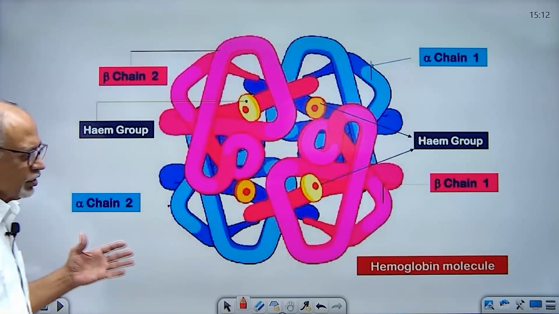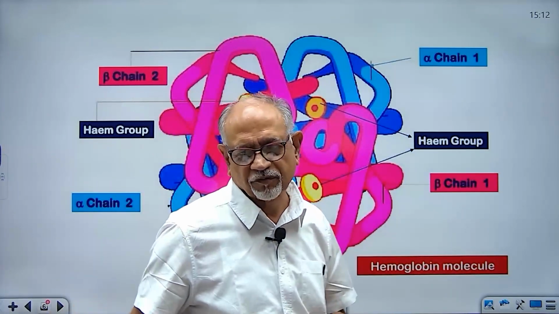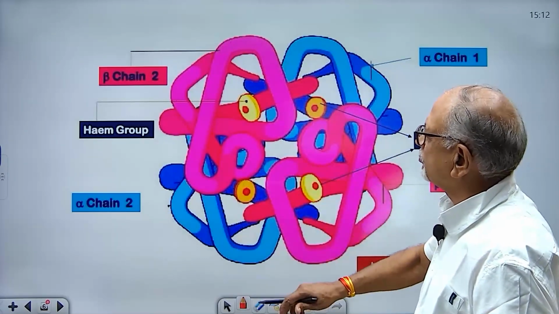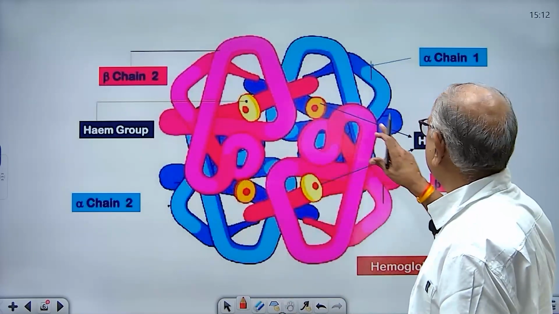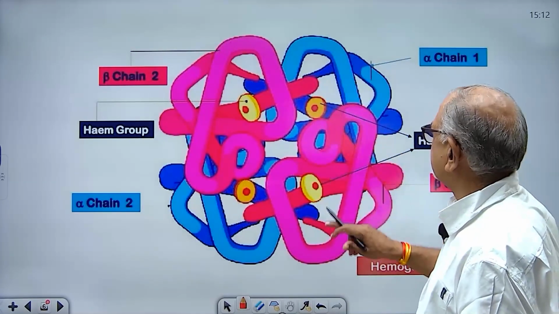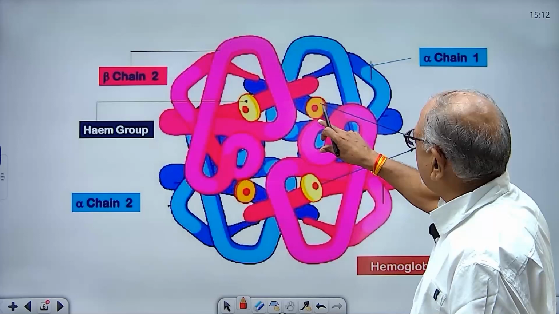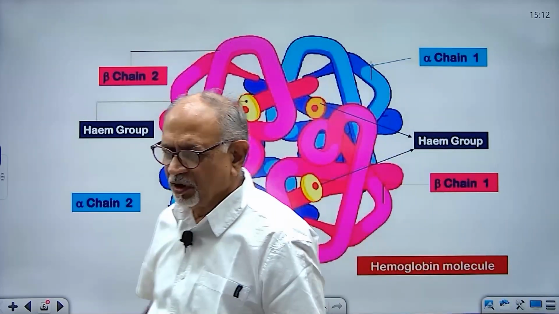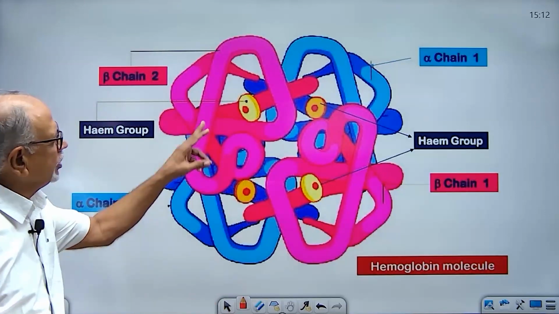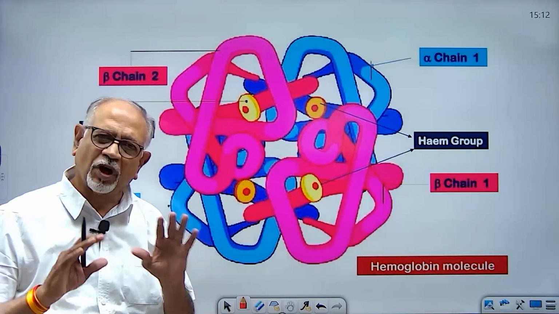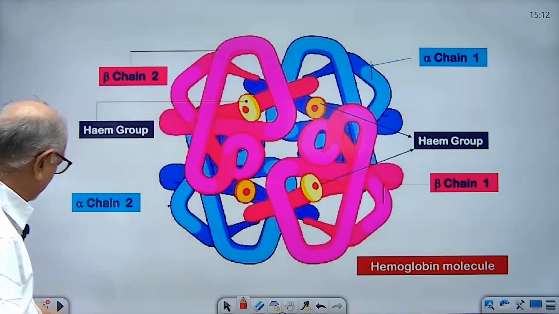Now, here you can see the picture of hemoglobin molecule. There are 2 alpha chains and 2 beta chains, and each of these alpha chain and beta chain is attached with a heme molecule, and those heme molecules can combine with 1 molecule of oxygen.